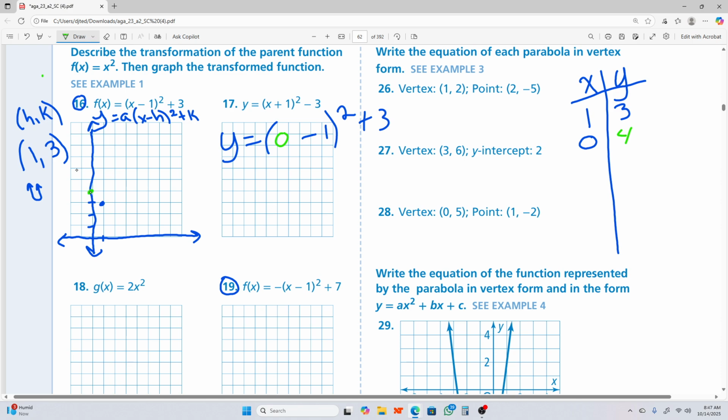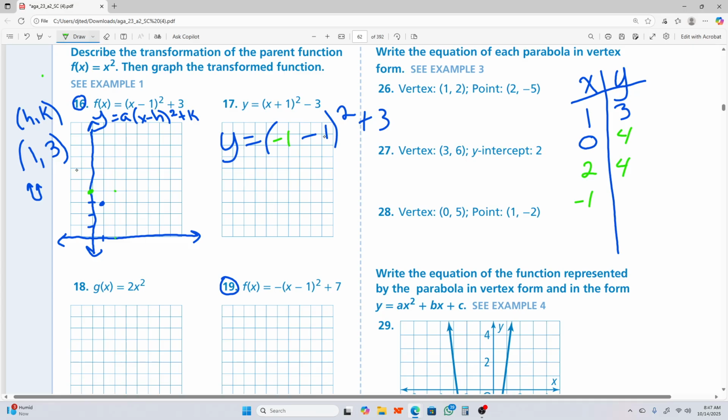And because I know I'm making a parabola facing up, I also know that when x is 2, y is 4. And then now I can check when x is negative 1. I'm going to erase that 0 and put a negative 1.